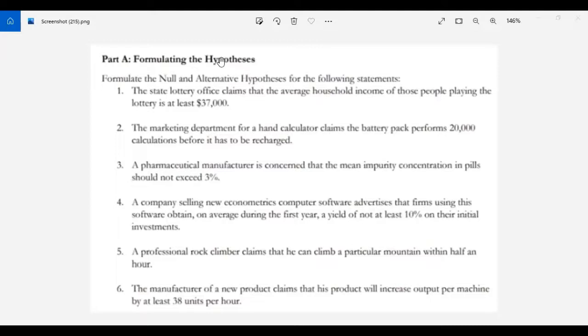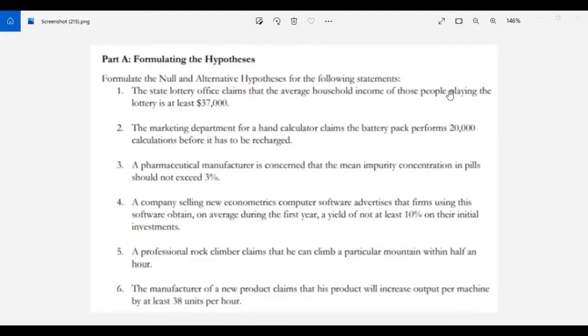The mu is greater than or equal to 38. So that's the null hypothesis. Exactly. Good. And the alternate hypothesis is mu is less than 38. Exactly. So that's all.